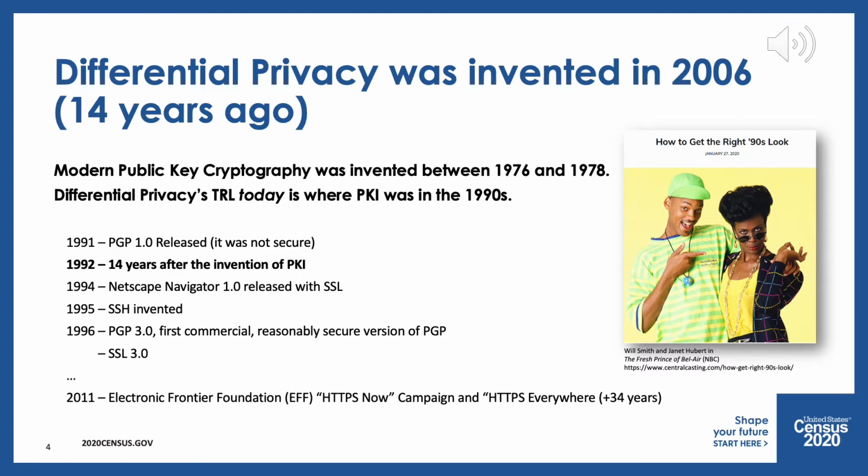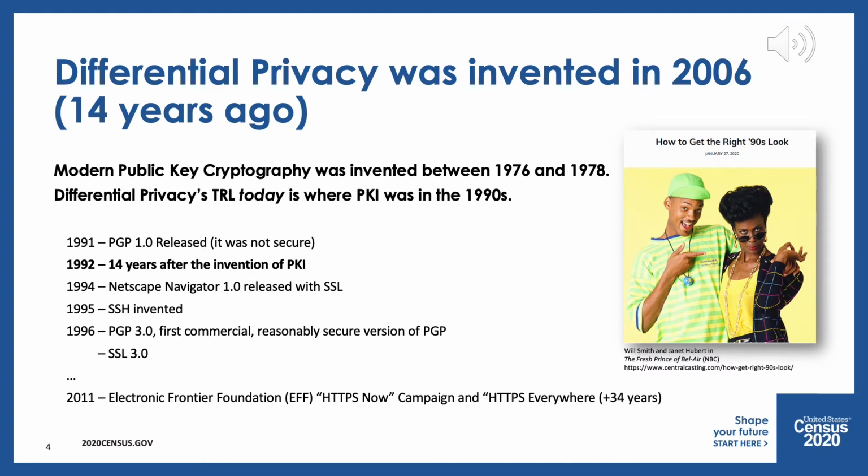For comparison, think about the invention of public key cryptography, which was invented between 1976 and 1978. 14 years after that was 2 years before Netscape Navigator came out with SSL.